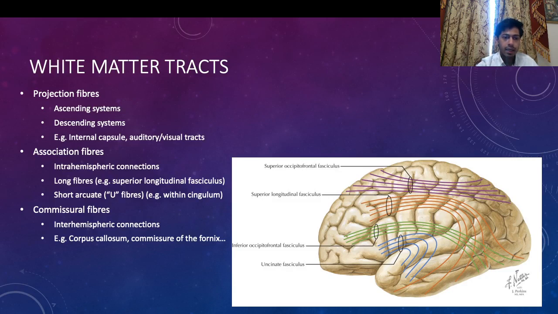And basically, the corpus callosum is the largest set of commissural fibers in the brain. It's a pathway of crucial importance to speech and language functions, and it's the major connection between the hemispheres as well.